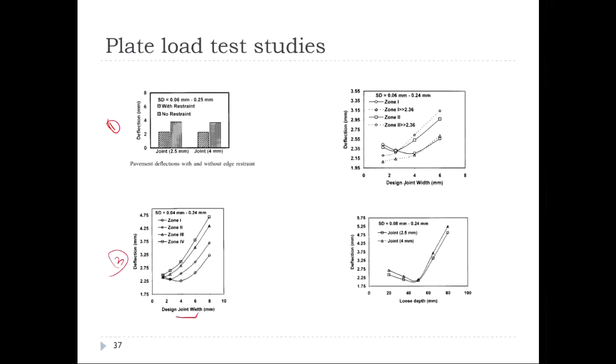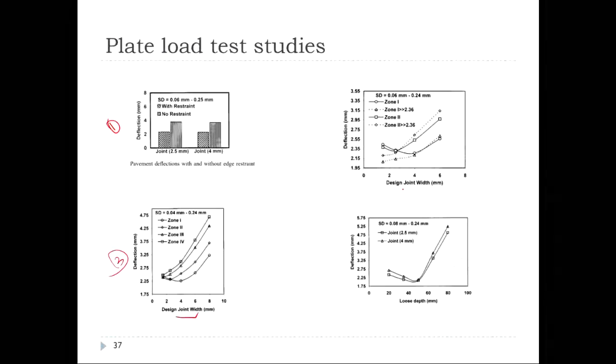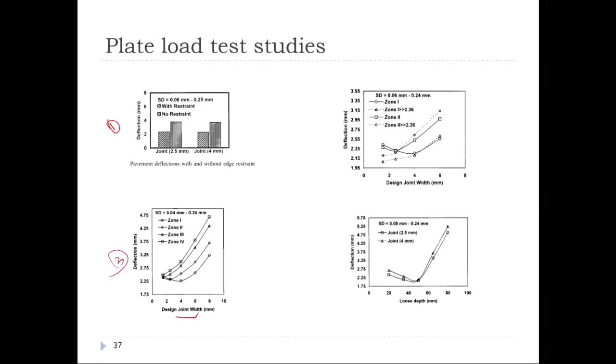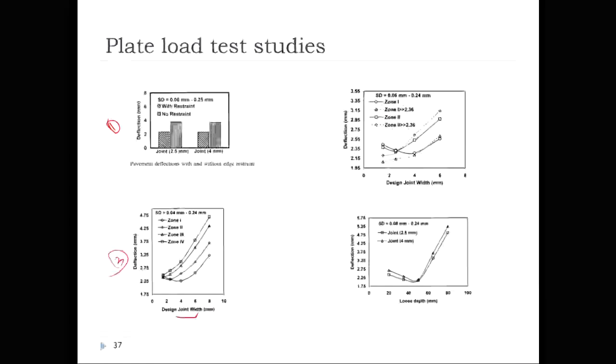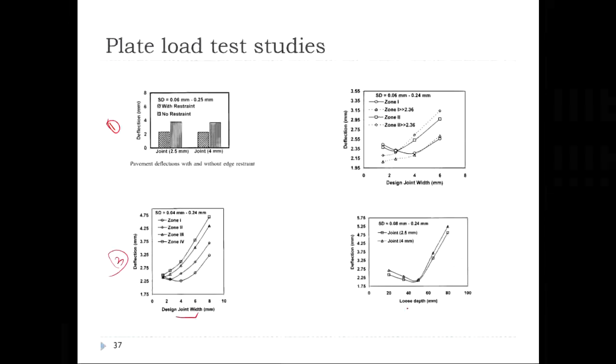Now this is the case where the joint width as well as the gradation of the bedding sand was varied, and this was the case where the thickness of the bedding sand was varied. You could see here there is an optimum bedding sand thickness.